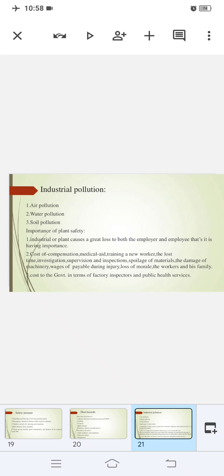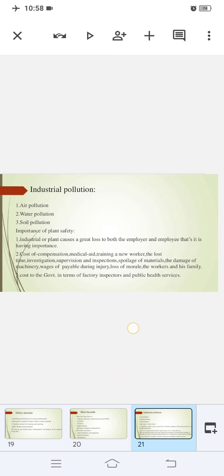The nearby soils of any industries also get polluted due to the waste water supplied. Okay, so these kinds of pollution should be prevented so that normal human beings do not get affected by industrial pollution.